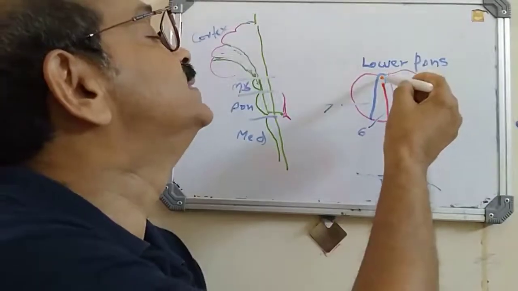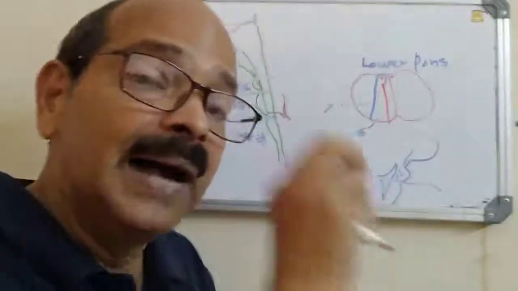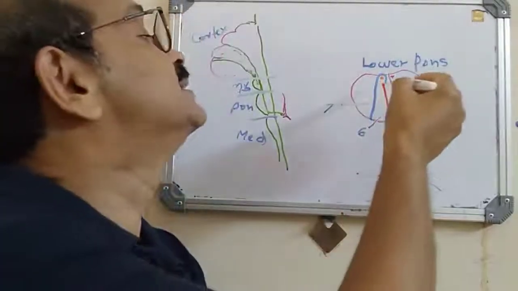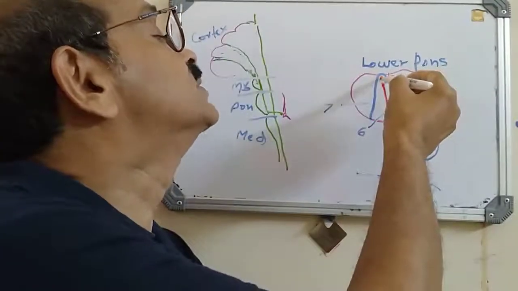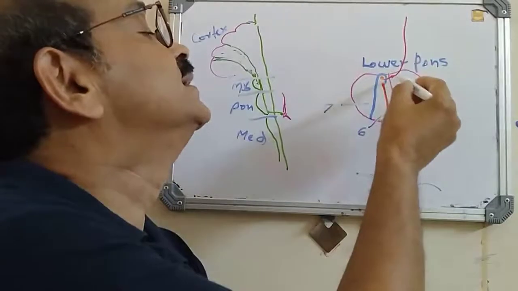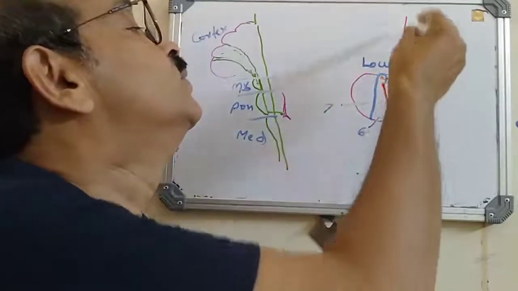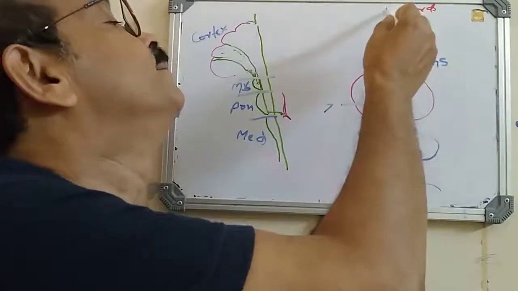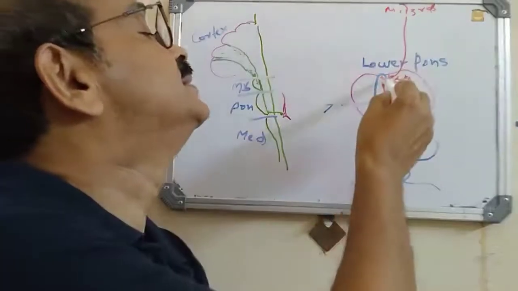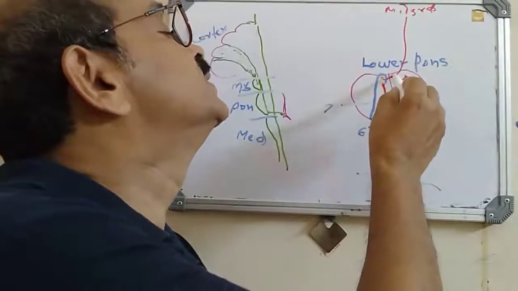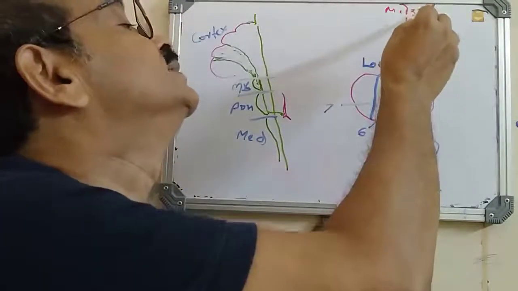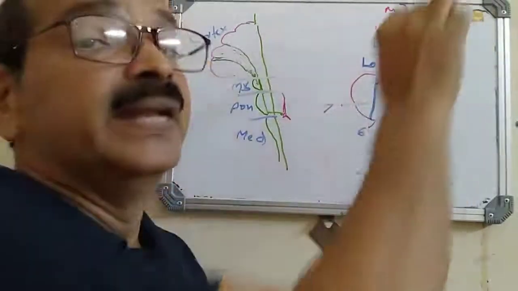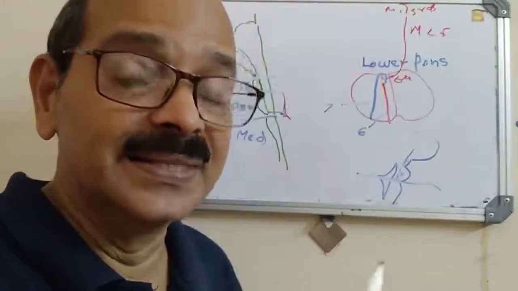The sixth nerve is the abducens, which abducts the lateral rectus, and fibers go upwards from the sixth nerve to the third nerve in the midbrain. This is the MLF. That is important when we analyze the seventh nerve.